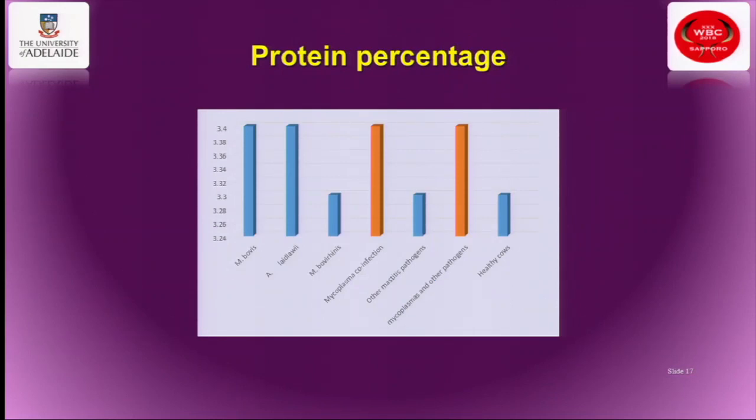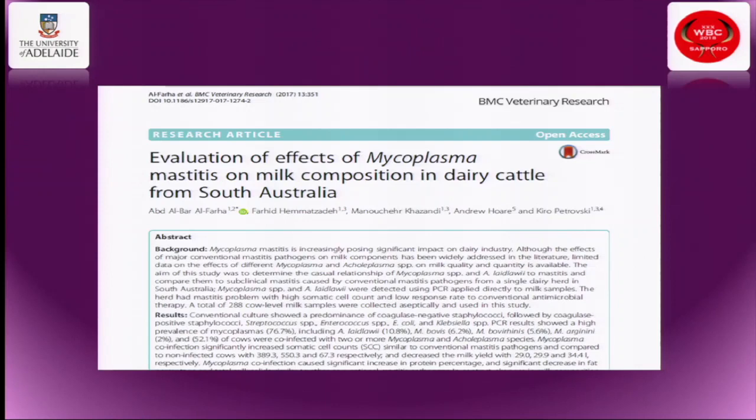Protein percentage increased significantly in the mollicutes co-infection group and mixed group, while other mycoplasma groups showed no protein differences. For more explanation and discussion of these results, we published a paper in BMC Veterinary Research, and it is available on their website.